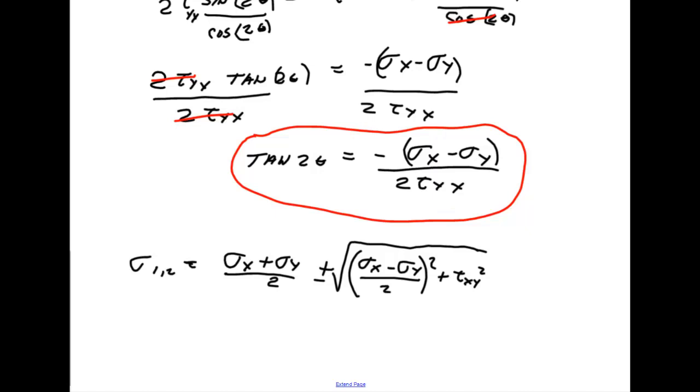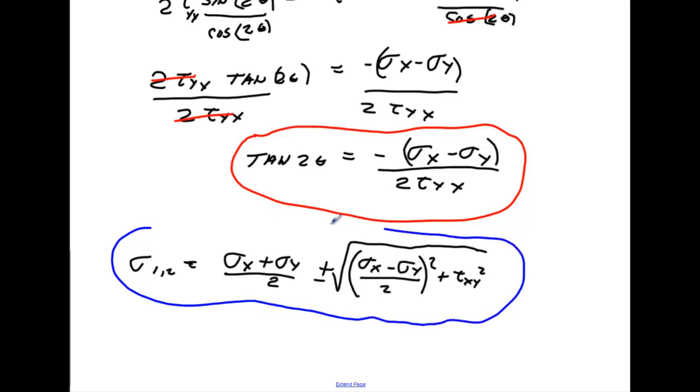Okay? Again, that's going to give us our max and min principal stresses. And again, to note, there will be no shear stresses that will act along the principal axis.